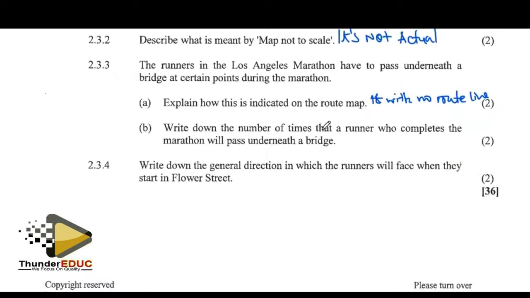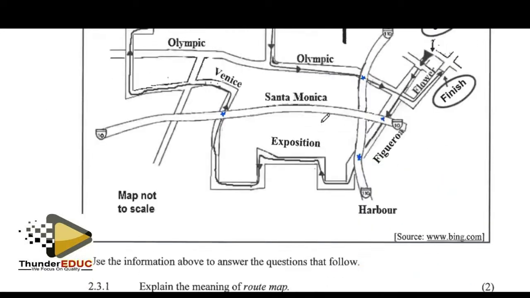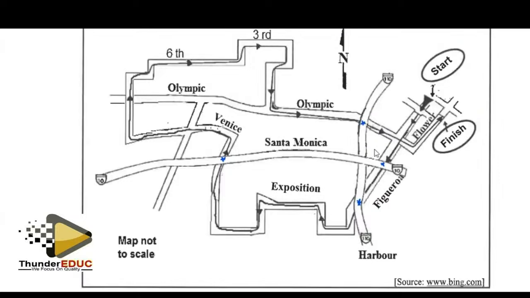Write down the number of times that runners who completed the marathon will pass underneath a bridge. I said, how many times? So let's count this as 1. We come to this, we call it 2. Come to this one here, 3. And this one, we have it as 4.